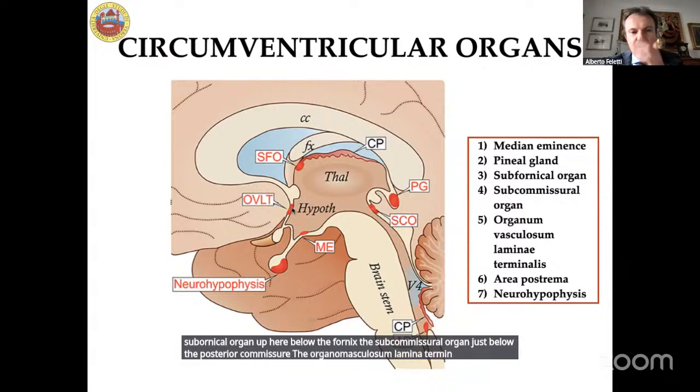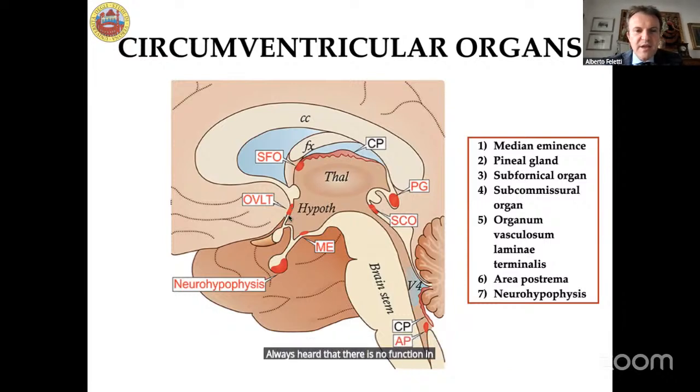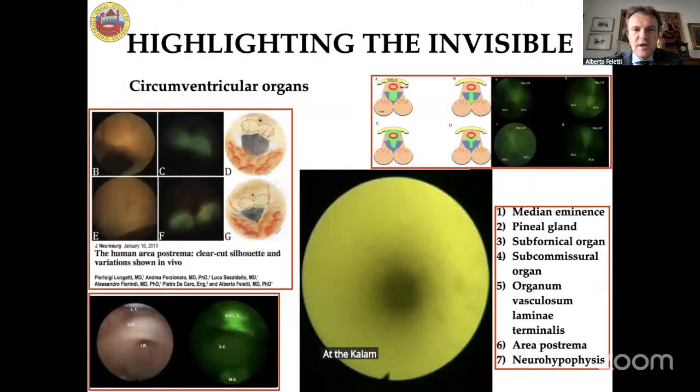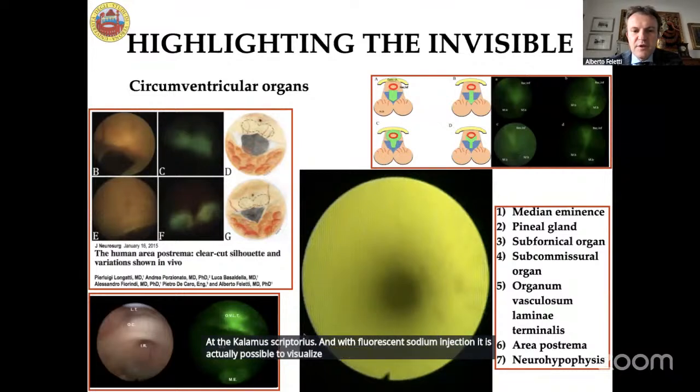Also here we have always heard that there is no function in the lamina terminalis, but actually there is a circumventricular organ here. And finally, the area postrema at the calamus scriptorius. And with fluorescein sodium injection, it is actually possible to visualize some of these organs.